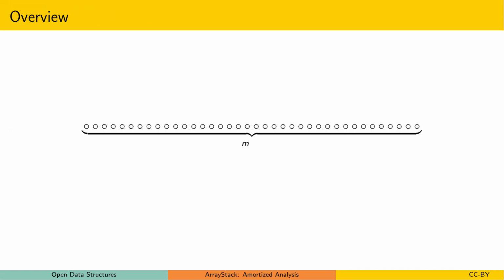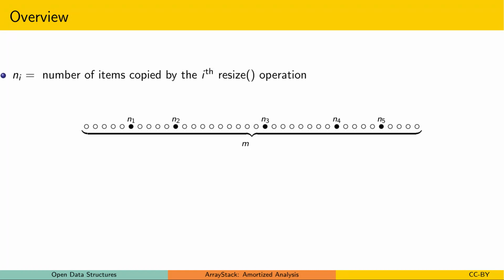Now that we've established this, we can take a step back and look at an entire sequence of M add and remove operations. Some of these add and remove operations trigger a resize operation. Suppose that, during the ith resize operation, n sub i elements are copied.